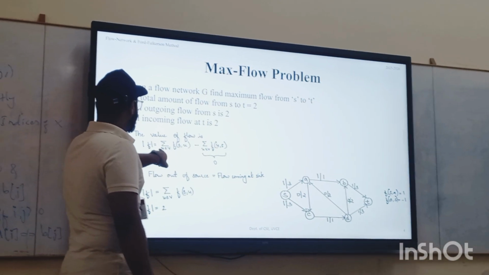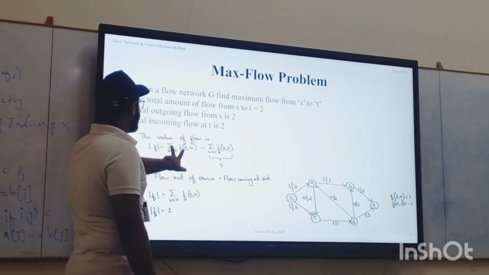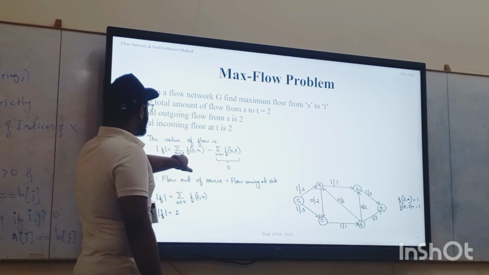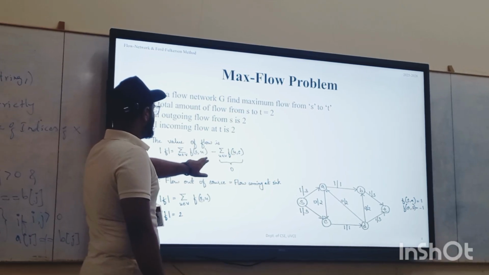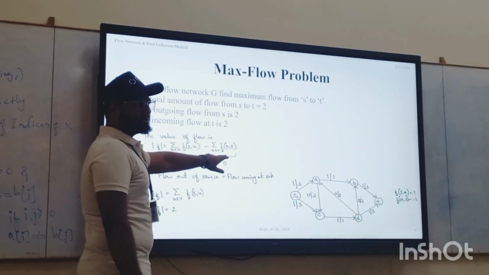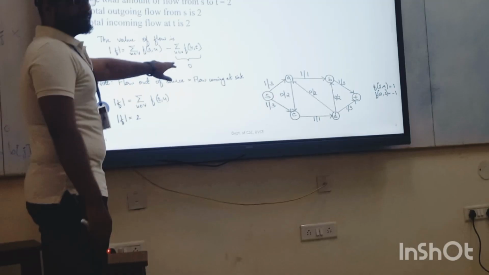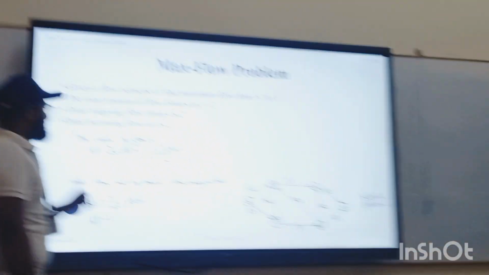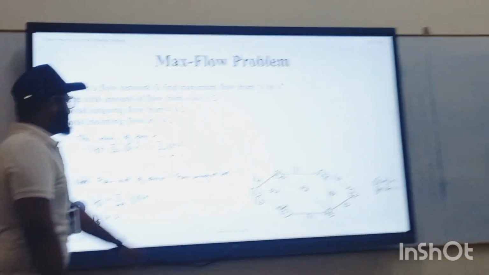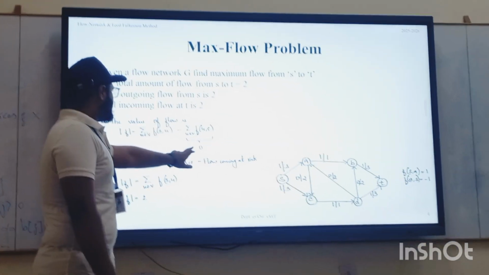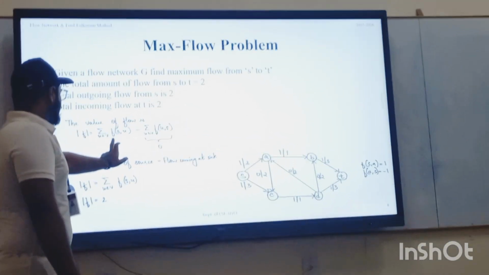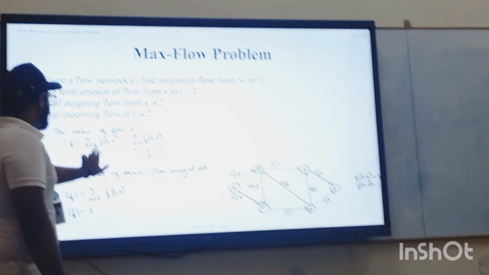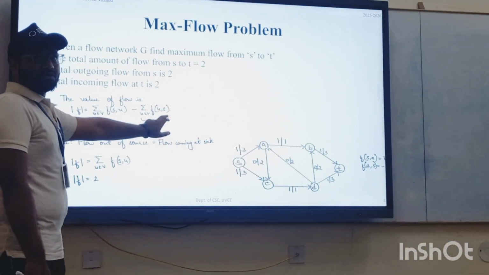In detail, we have the summation of f of S comma U minus f of U comma S. The value from U to S is 0, and this value is 2, so we are considering only this value.